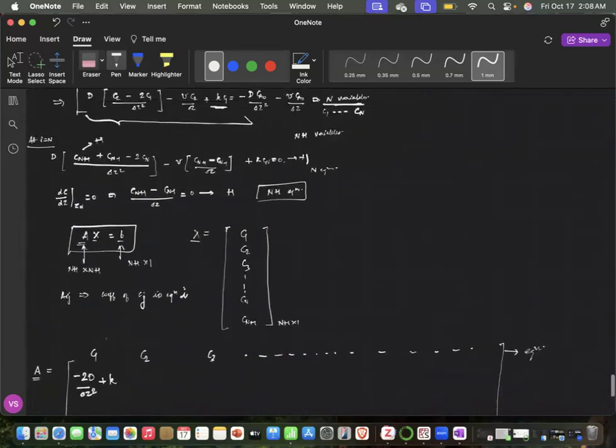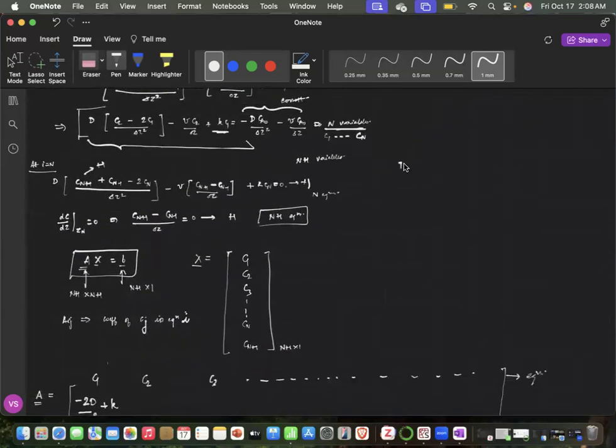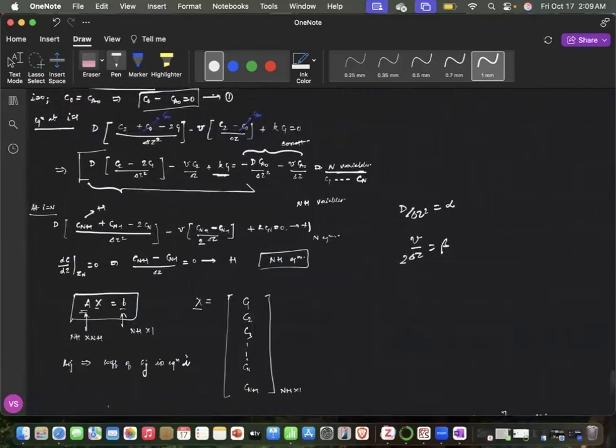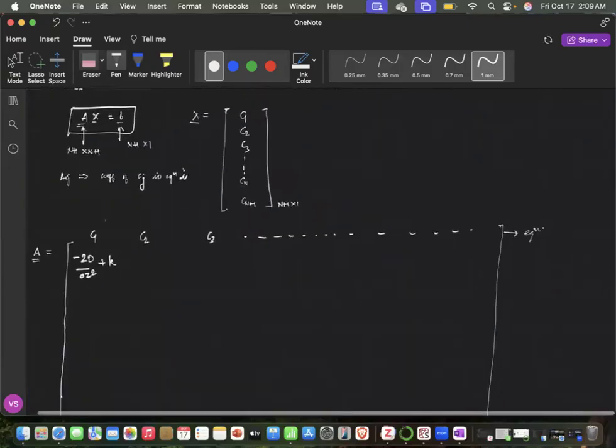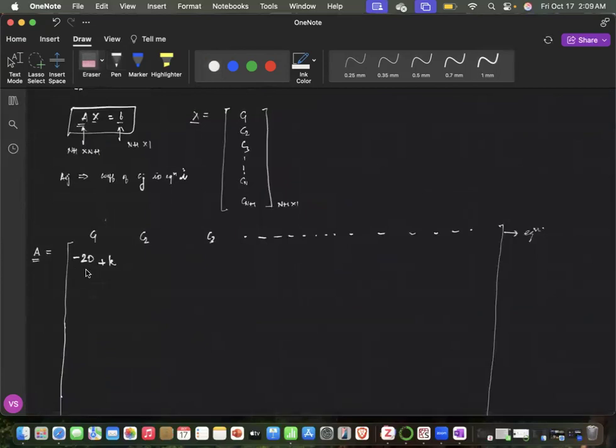Let's just make our lives a bit simpler. So we'll call d by delta z squared as alpha and v by delta z as beta. Okay. So I think there's a 2 over here. So v by 2 delta z would be beta, right? So that is what we'll be doing. This is also a 2. So this is also a 2 and this over here is also a 2. Okay. So therefore, this over here is minus 2 alpha plus k.